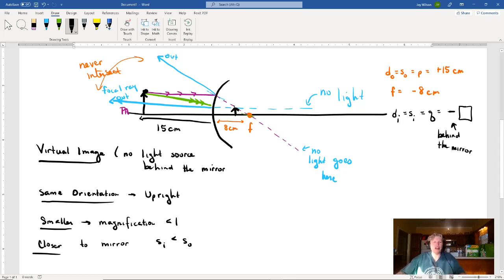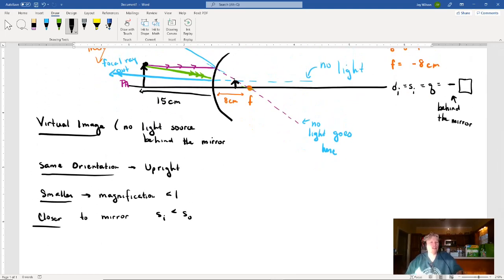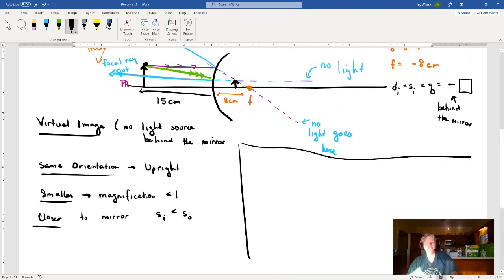Now, how do we actually find out what that number is? Well, let's do the math. We're going to use the lens maker's equation or the mirror equation. It's the same equation, but the book calls it two different things, which kind of makes me chuckle. That's because it was found by two different people, but these things happen.